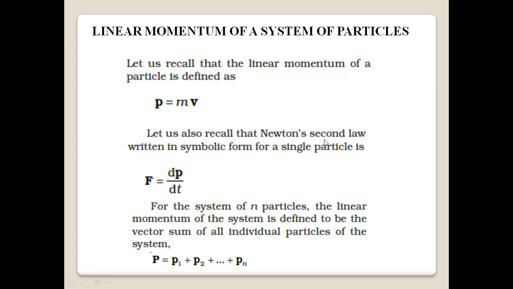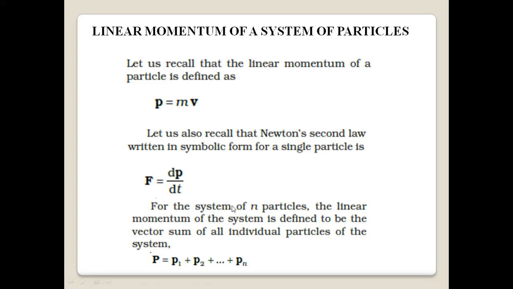Now we also know that Newton's second law of motion is written as F equal to dp by dt. That means the rate of change of momentum is directly proportional to the external force applied, and it takes place in the direction of the force. So that is Newton's second law of motion for you to remember.